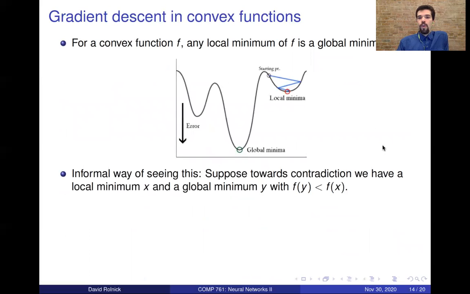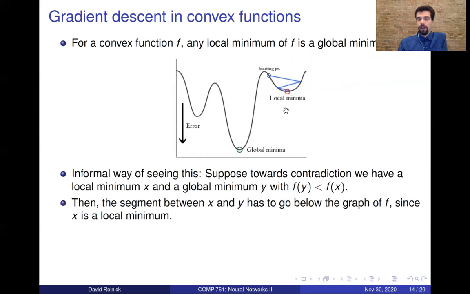Could this happen with a convex function? No, because suppose, towards contradiction, we have a convex function with a local minimum over here and a global minimum which is deeper than it. Then if you take the segment between them, clearly there have to be some points on the function above this segment.